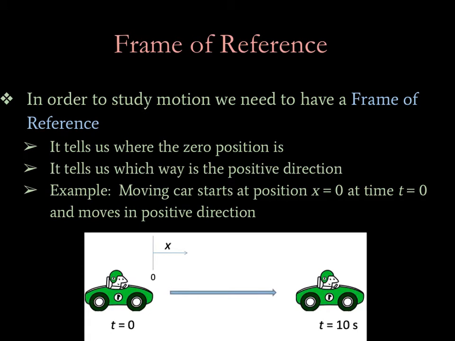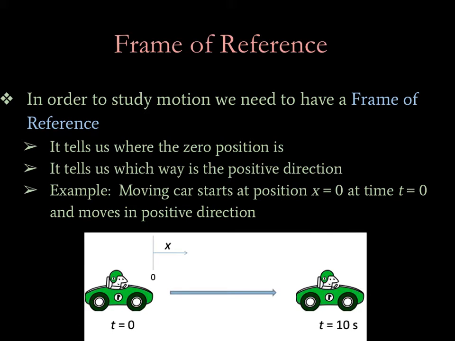And the nice thing about our frame of reference is that in most cases, we can pick our own frame of reference. So if we have an object starting to move in the middle of the room, we can call that middle of the room position 0. We don't have to measure how far it is from the edge of the room. We can set our frame of reference as the starting position is 0 and go from there.